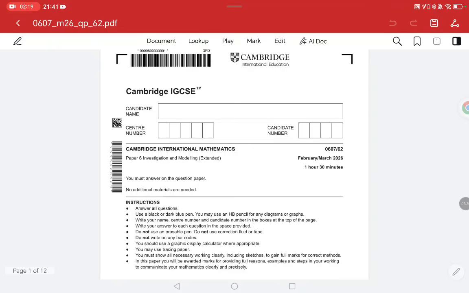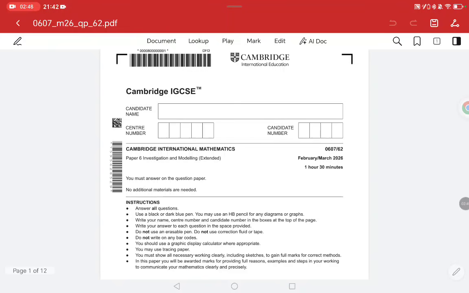You should know how to graph it well, especially the window, because sometimes you graph it but you don't see the answer on the screen, and this is because you didn't set the domain and range, like x values and y values, correctly. So take care about this. These are the general rules for any paper 6 exam.